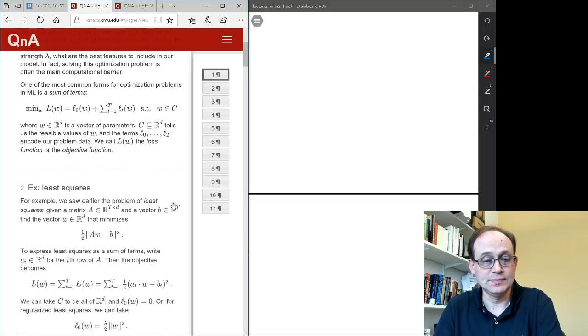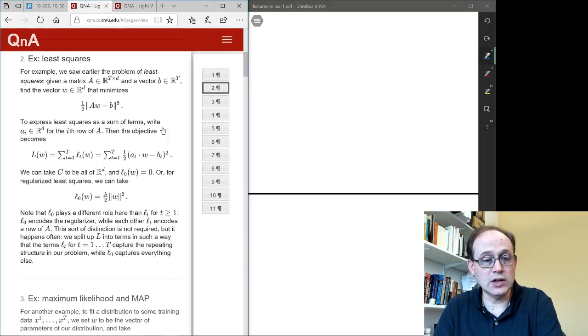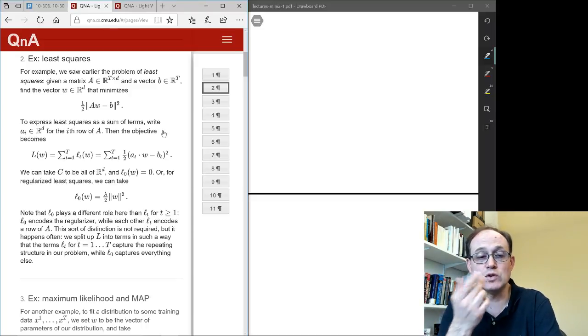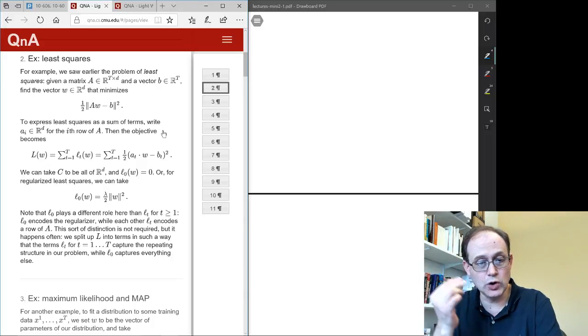For example, we saw a while ago the problem of least squares, where we have a matrix which has, let's say, T rows and d columns, and a vector B with T rows, and we want to find the parameter W that minimizes the squared 2-norm difference between AW and B. To express this as a sum of terms, we can have one vector a_t for each of the rows of the matrix A, and the objective is then the sum over all rows of the squared difference between a_t dot W and b_t.